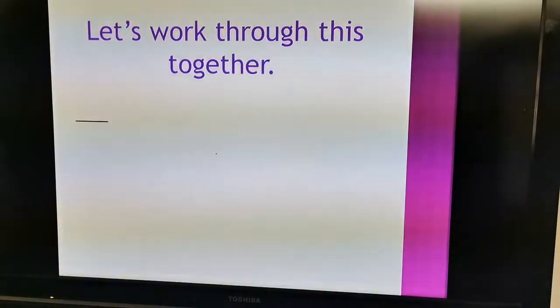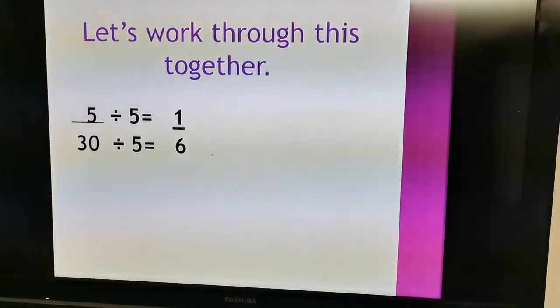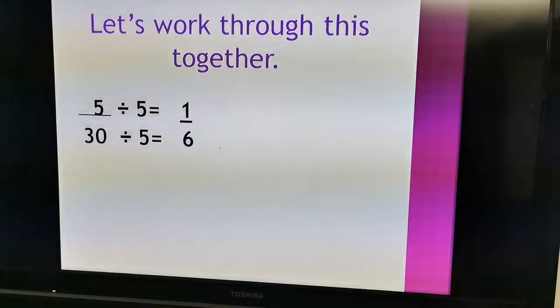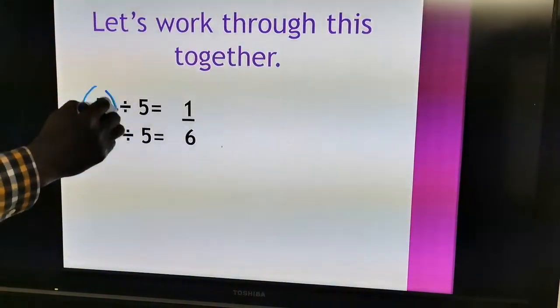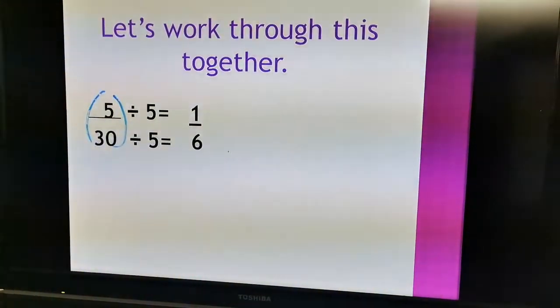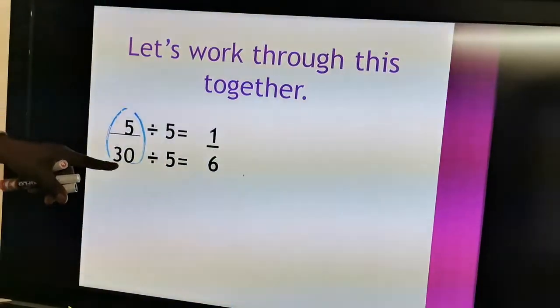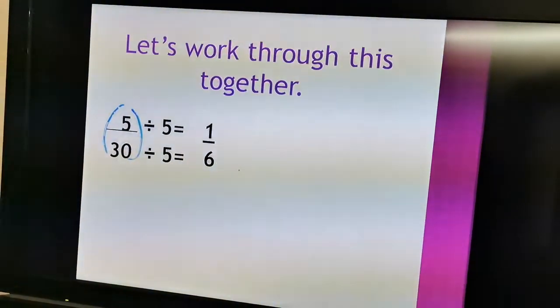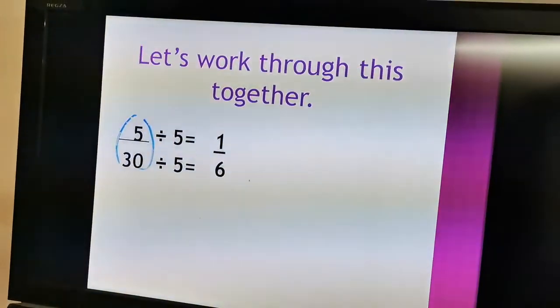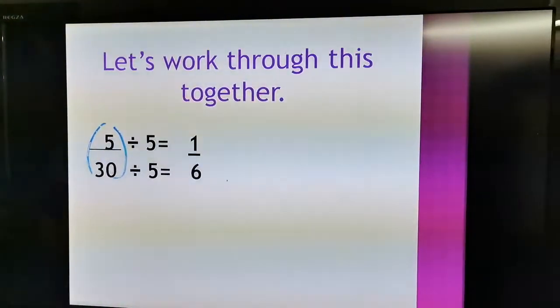Let's take the first example. We have the fraction 5 over 30. What we are going to do is reduce 5 over 30 to its simplest form. First look at the numerator and then the denominator.